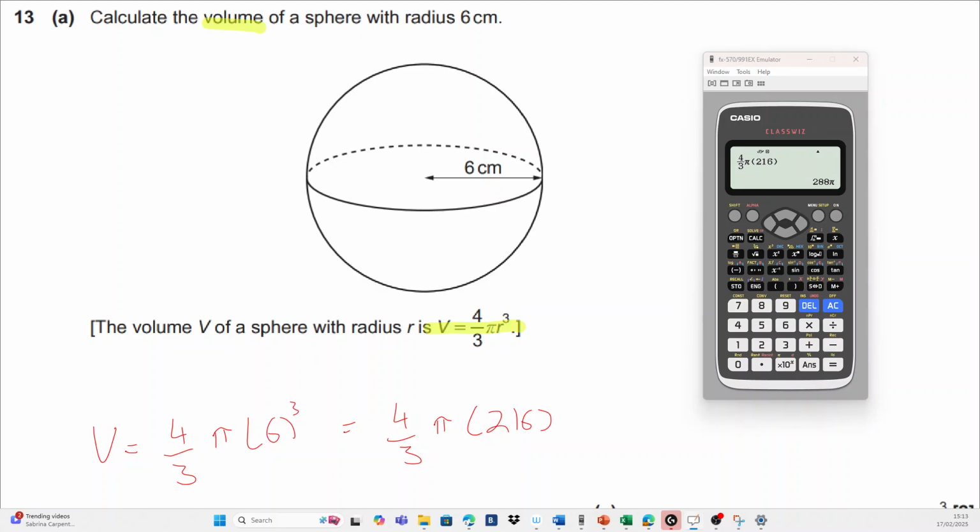So you can go for either 288 pi, or as a decimal, you could have written it as 904.8, or even 905 if you rounded it to 3 significant figures, but it's not asking for any rounding. I would personally give my answer in terms of pi because it's easier to work with.